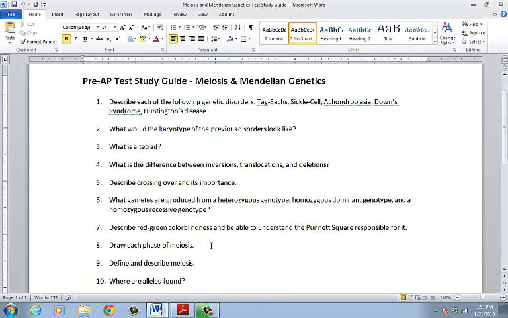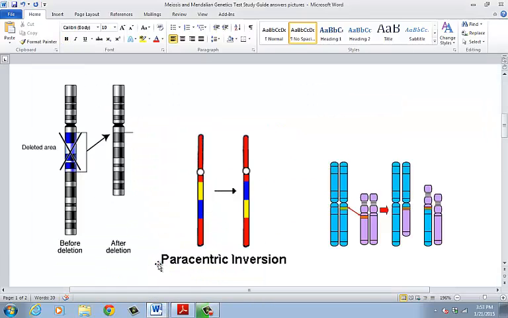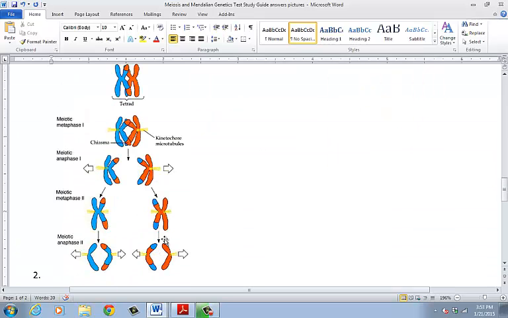All right. Describe crossing over and its importance. So crossing over, if we look at this picture right here, okay, so here's crossing over. And it's going to occur in prophase 1. We have 2 chromosomes cross over and exchange their genetic information. So here's the tetrad.